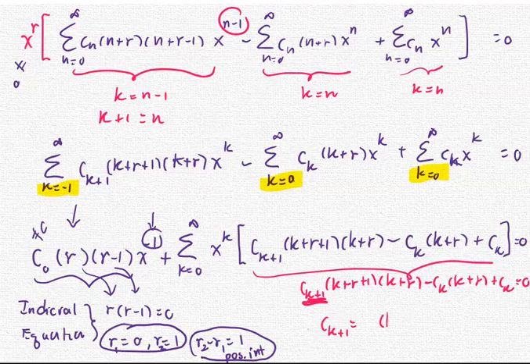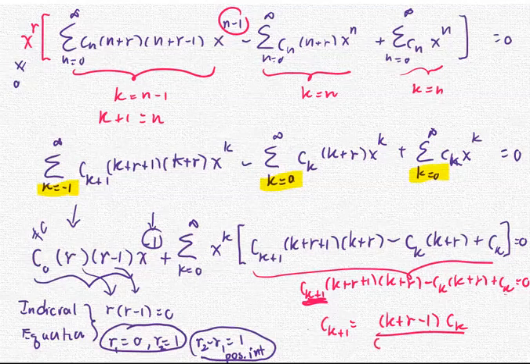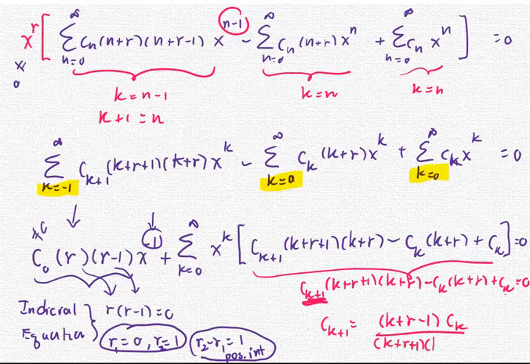We get the quantity k plus r minus 1 multiplied by ck, because subtracting means that when you add to both sides, the k plus r is going to be positive. Plus 1 on the left becomes minus 1 on the right. And both of them have the common coefficient ck. So gather them as the coefficient of ck equals k plus r minus 1, all divided by the coefficient of c k plus 1, or the factor k plus r plus 1 times k plus r.